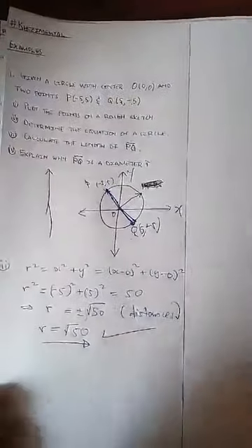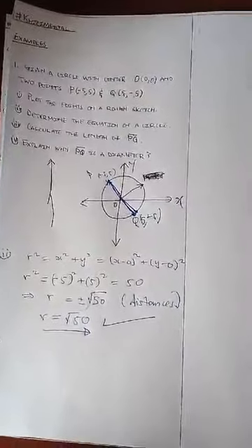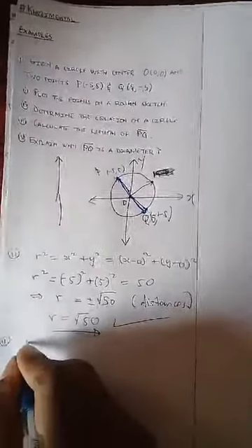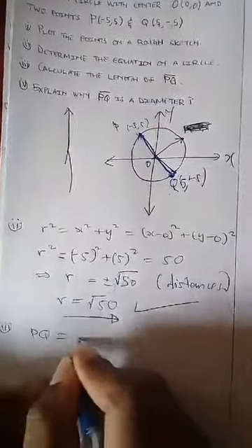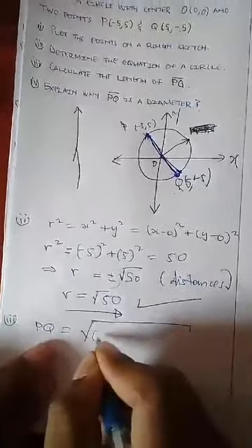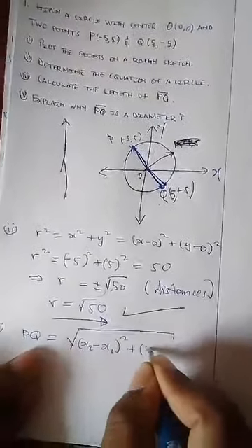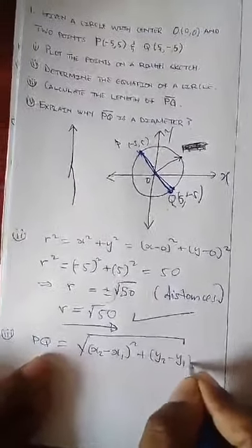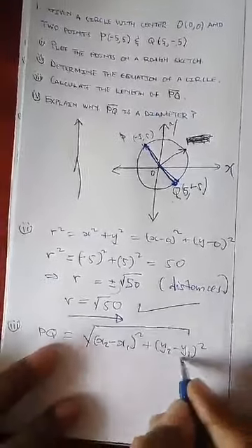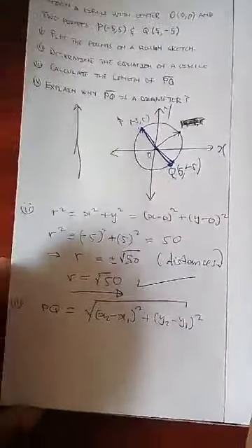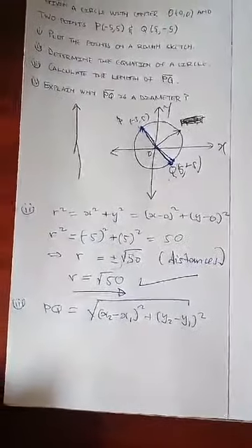And PQ, you have 2 points. We know that the length of a line segment PQ should be given by the square root of x2 minus x1 squared, plus y2 minus y1 squared. You can replace a and b by x1 and y1.